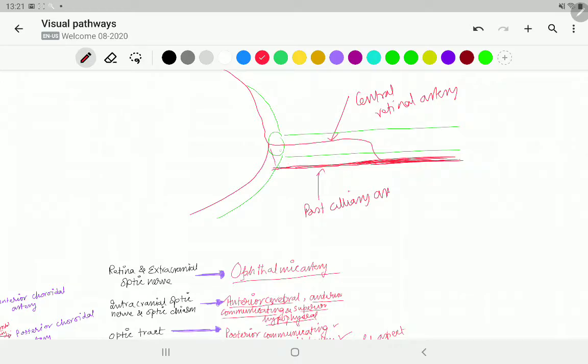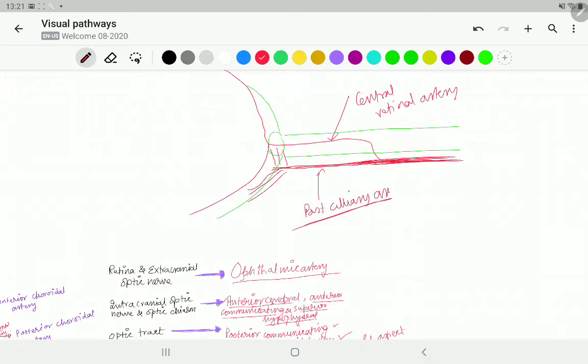The central retinal artery supplies the retina, whereas the posterior ciliary artery supplies the undersurface of the retina. So all the undersurface, the part of the eye which is below the retina, is supplied by the posterior ciliary artery.